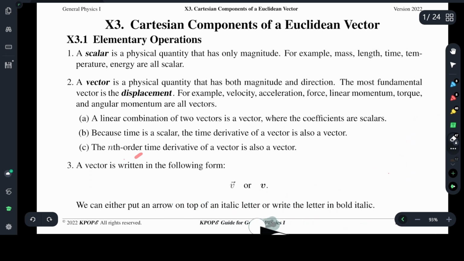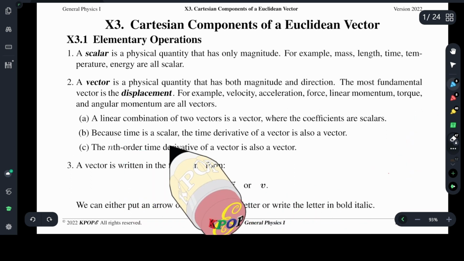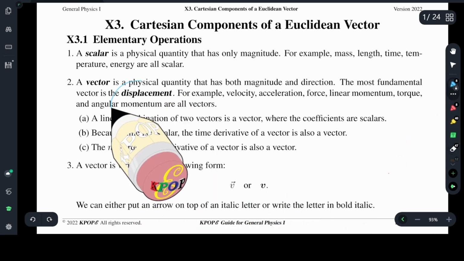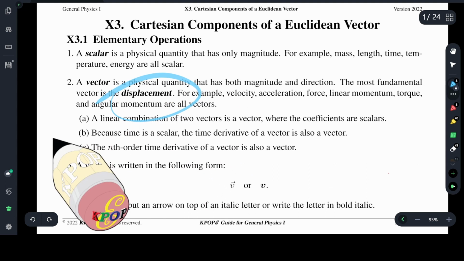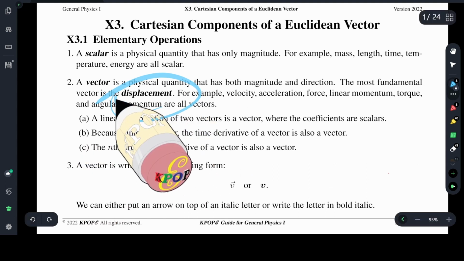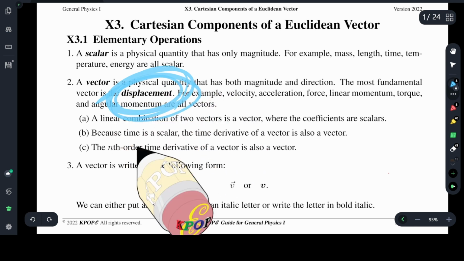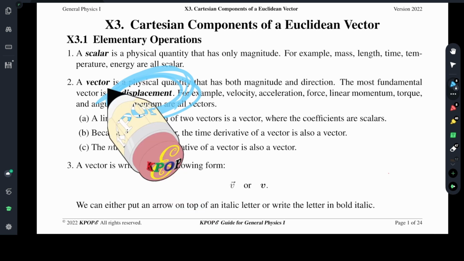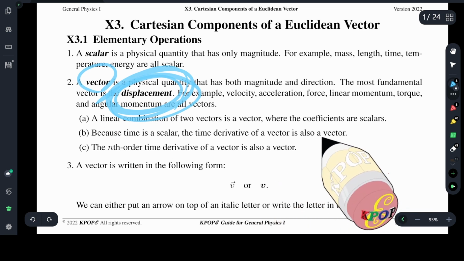All right. What is a vector? I would say a vector is a displacement. What we study here is concentrating on the structure of displacement and its algebra. When we write a vector, we use an italic letter.